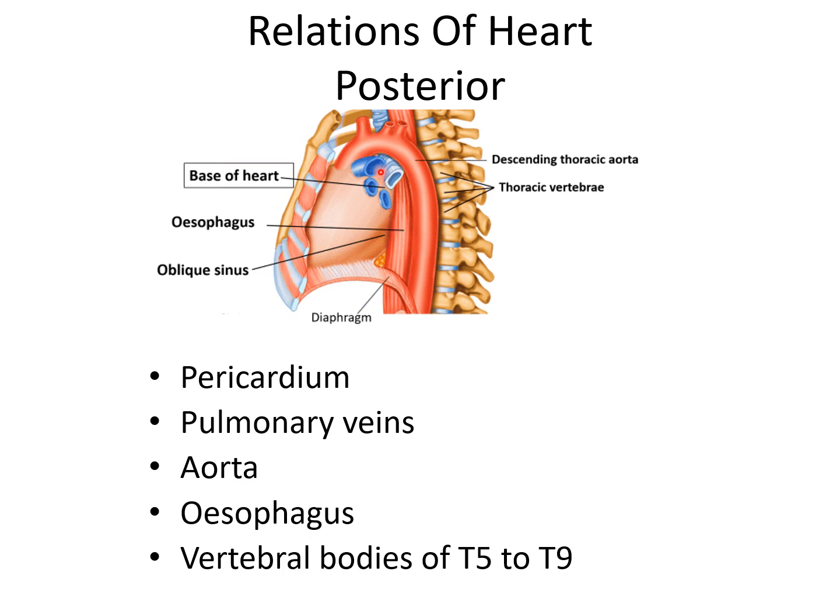The important structures related to it posteriorly are the pulmonary veins, which lie within the pericardium, then the aorta and esophagus. Then posterior to the esophagus and aorta there are the vertebral bodies of the 5th to 9th thoracic vertebrae. This is an important relation from the clinical aspect, which we will discuss later on.